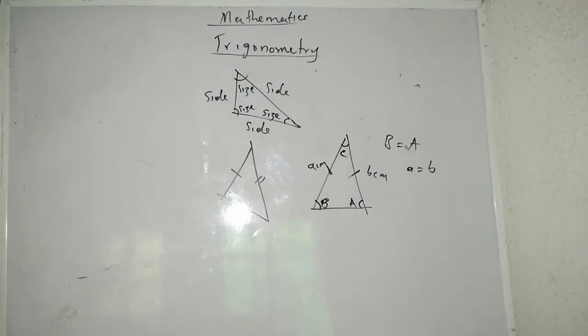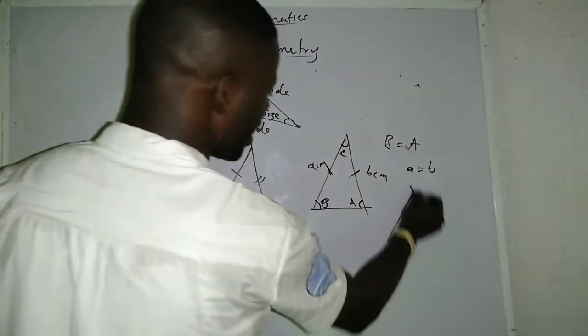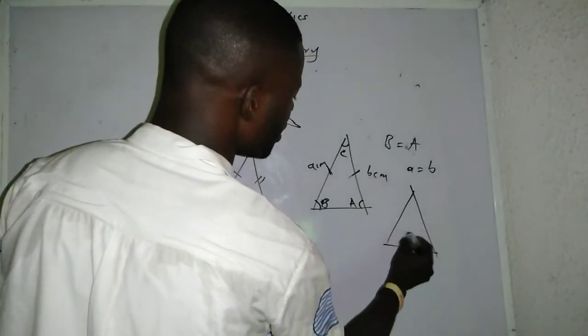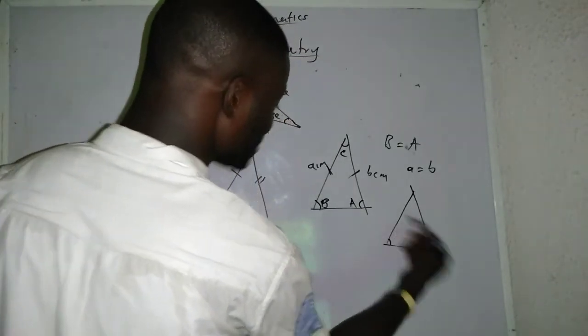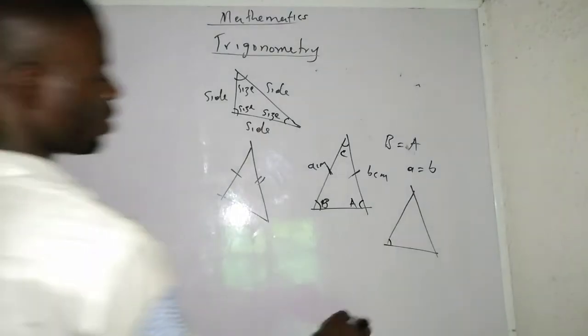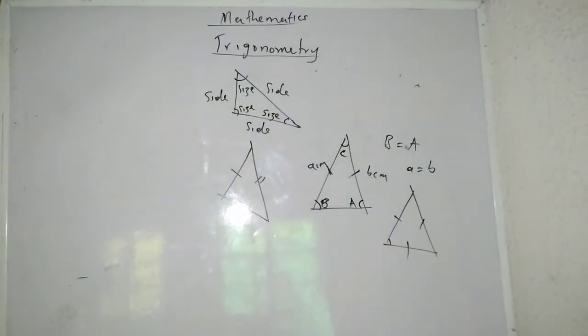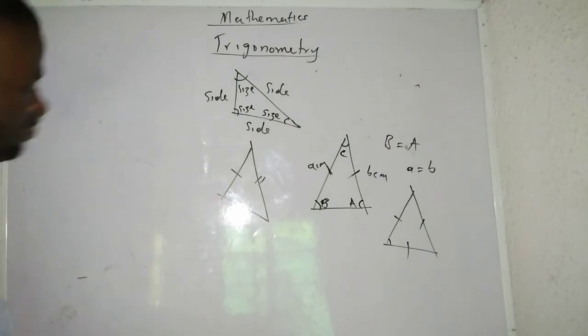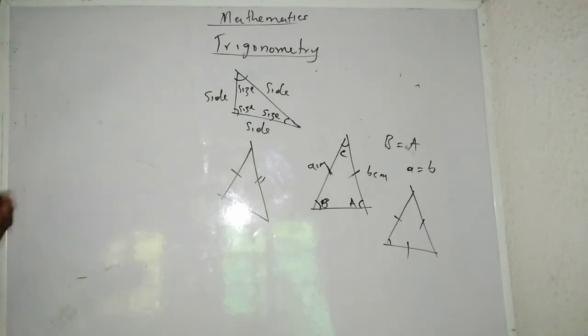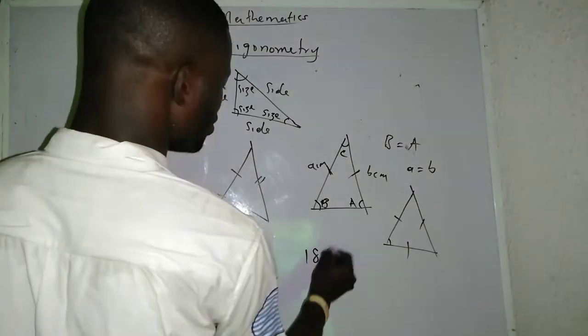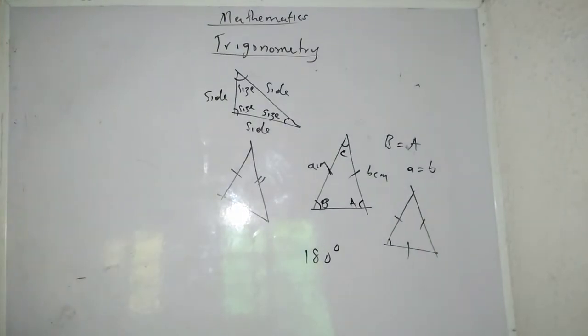The last one is called the equilateral triangle. It means all the sides are equal, and all the angles are equal. The sum of angles on a triangle is 180 degrees for any given triangle.